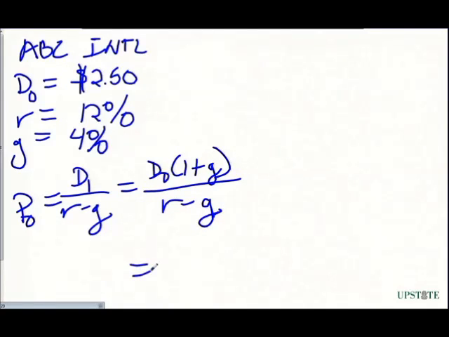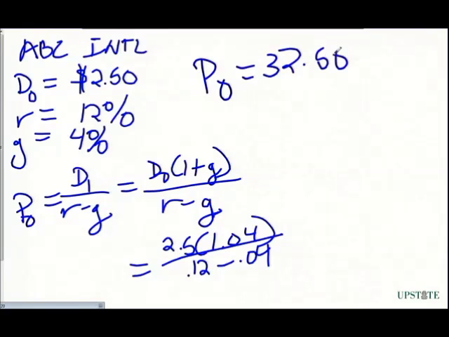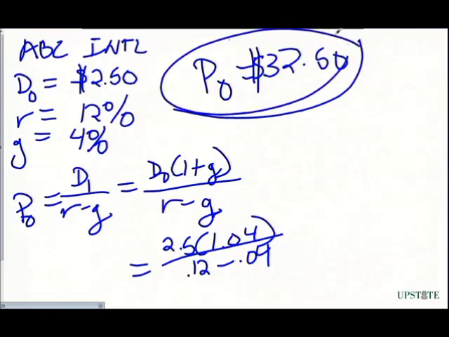So this would be 2.5 times 1.04. It's a $2.50 dividend that we received today, multiplied by that 4% growth rate, and then divided by our r, which is 12%, minus the 4% growth rate. This tells us our price on this stock is going to be $32.50.